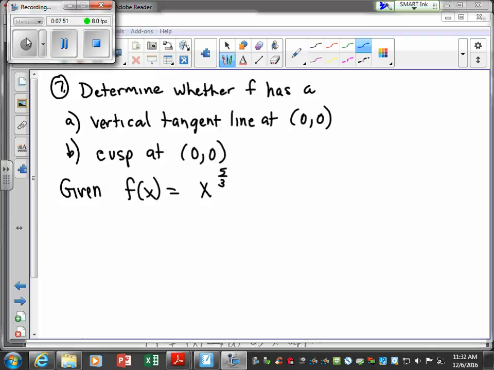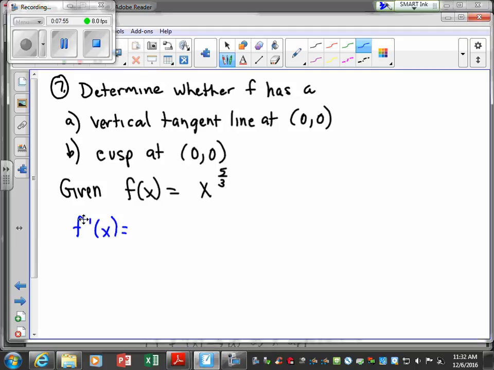First thing we need to do is find the derivative. So f prime of x is going to be what? 5/3 x to the 5/3 minus 1, which is going to be x to the 2/3 power.